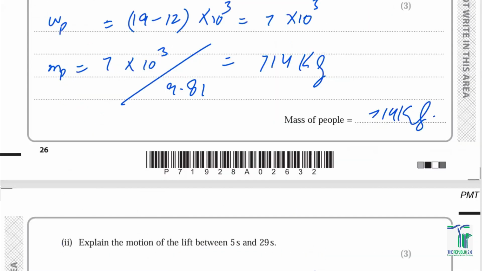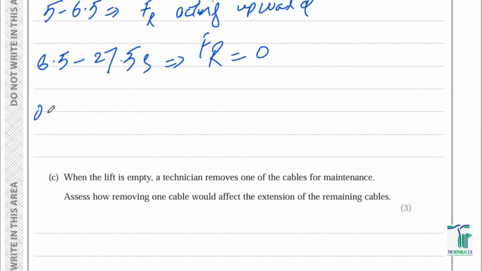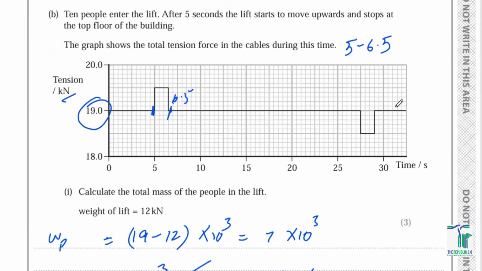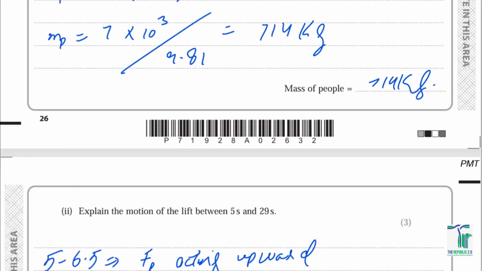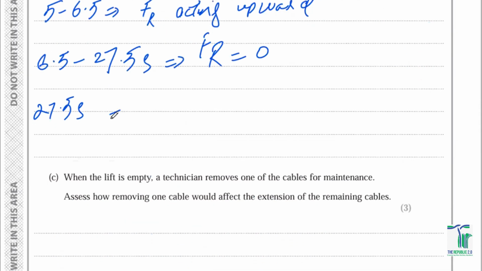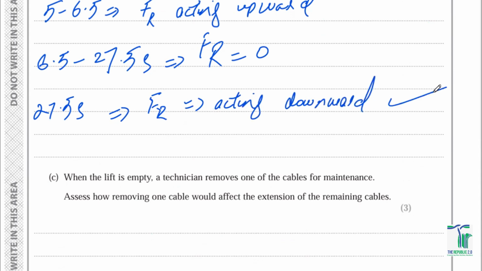And as soon as you reach 27.5 seconds, we were supposed to explain it up till 29 seconds, there is a resultant force acting downwards. So there is a resultant force which is acting downwards. Got it? So that is how we're going to talk about it.